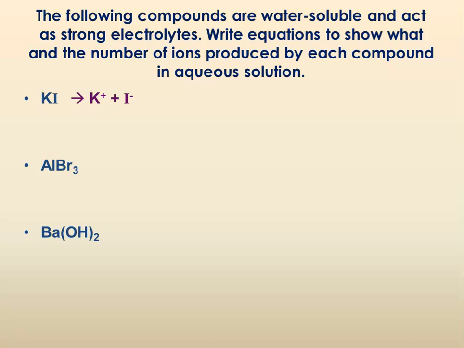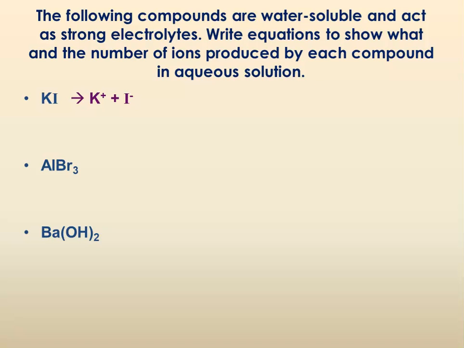In our second example, AlBr3, we would have 2 ions again, aluminum acting as our cation and bromine acting as our anion. Aluminum is in group 13, so it would have a +3 charge. Bromine, like iodine, would have a -1 charge.